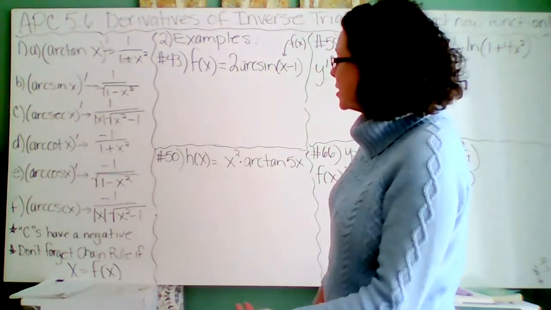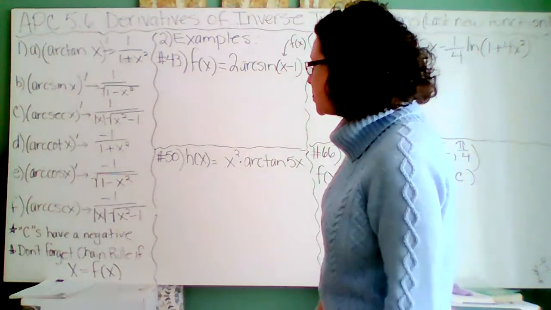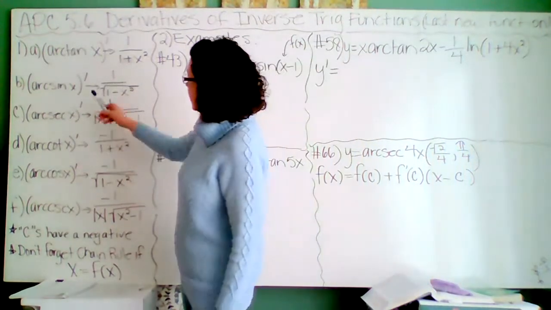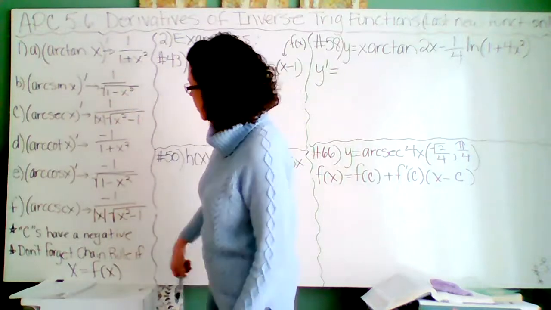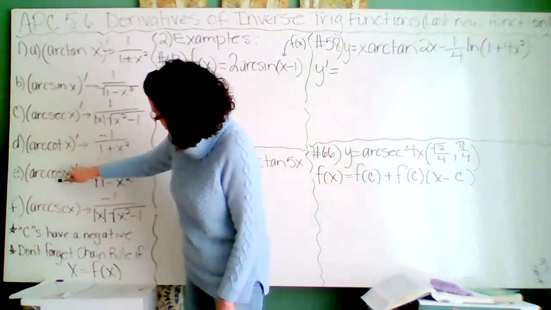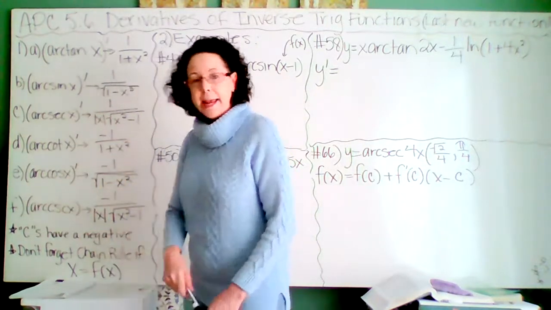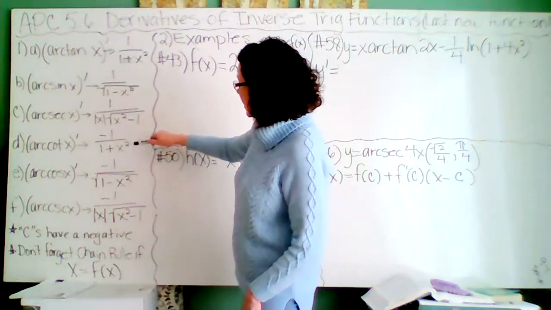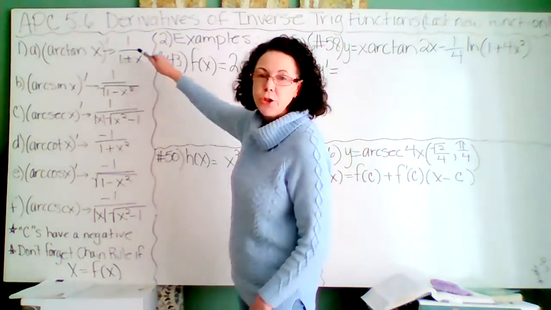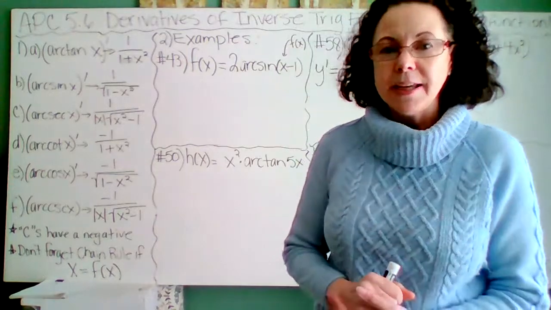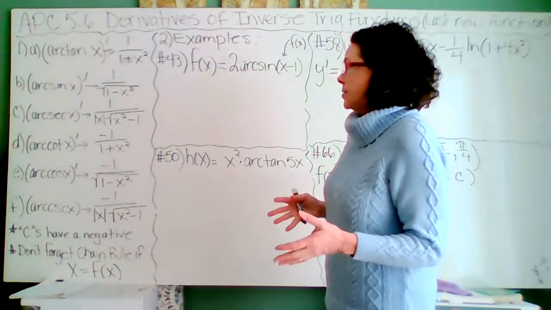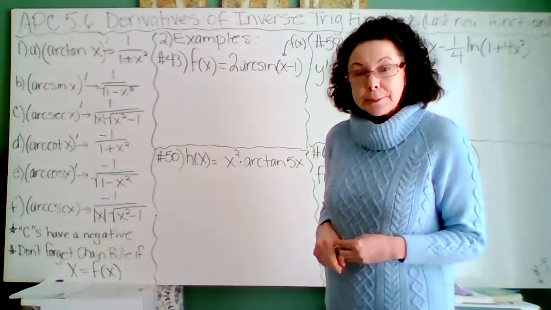Okay, so we have a list on the board of the derivatives of these inverse trig functions. A couple of things that are helpful though. If your inverse trig function is an inverse of a trig function that begins with a C, cotangent, cosine, cosecant, then you have the negative of the matching derivative. So that kind of helps you with memorization and patterns. Also, don't forget the chain rule.